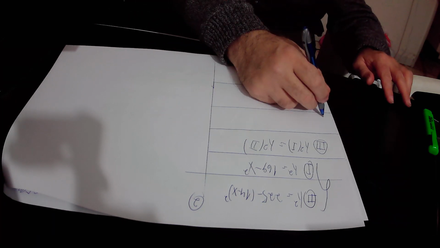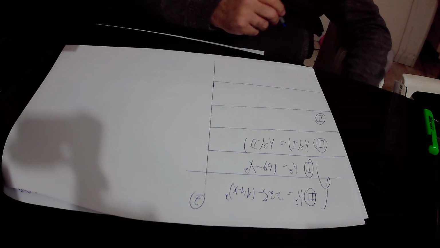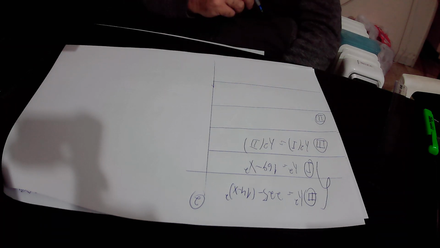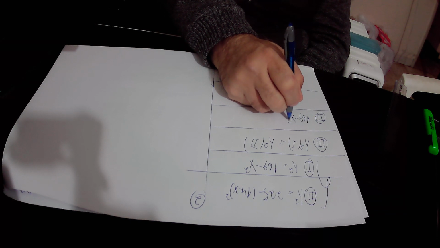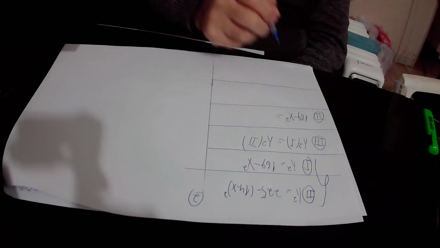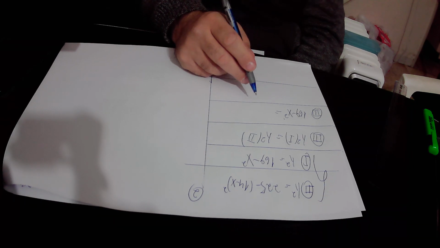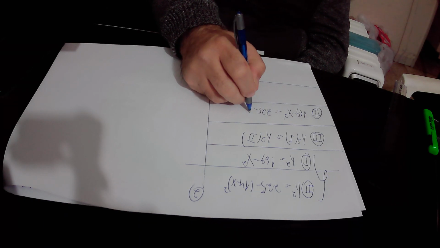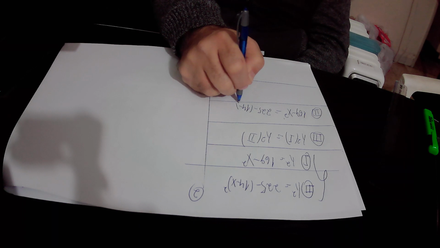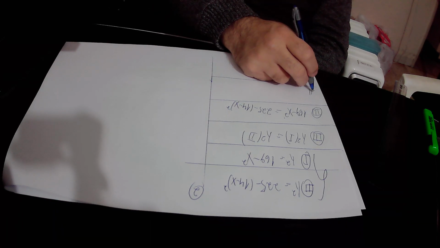So H square according to equation number 1 is 169 minus X square, and it must be equal to H square according to equation number 2, which is 225 minus (14 minus X) square.